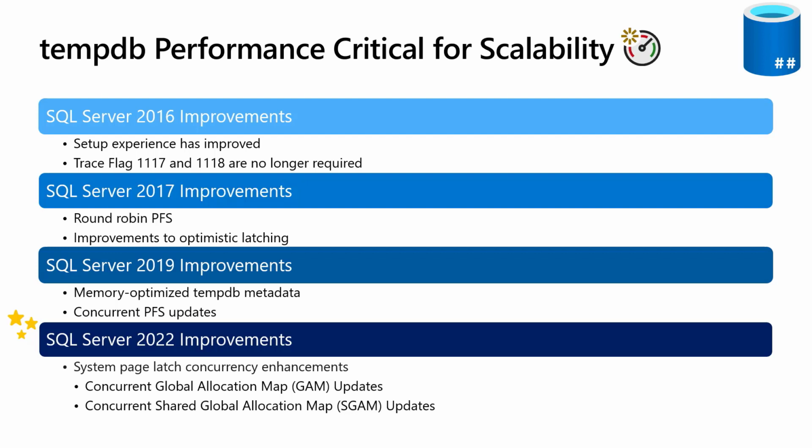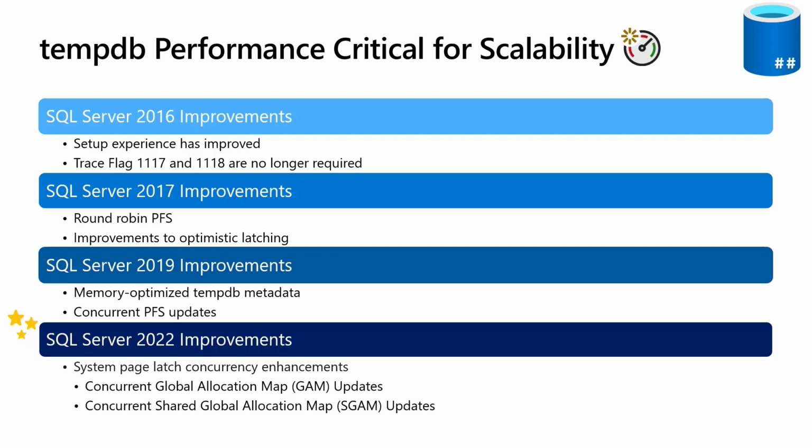As you know, we use the global allocation map pages when we're looking for uniform extents and the shared global allocation map pages when we're looking for mixed extents in TempDB. And under higher concurrent workloads, we may have GAM contention where many different threads attempt to allocate extents on the same GAM page, and each thread must first wait for another thread to release their update latch before they can obtain the same type of latch to make their changes.